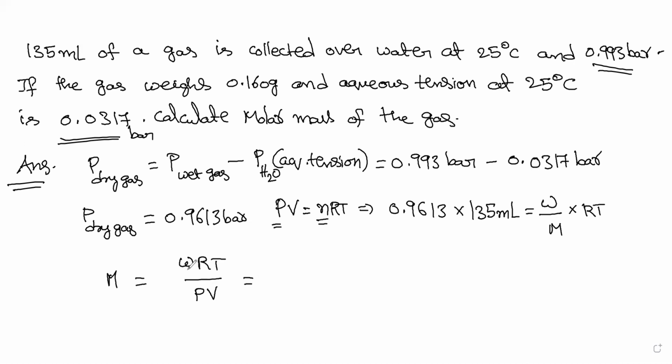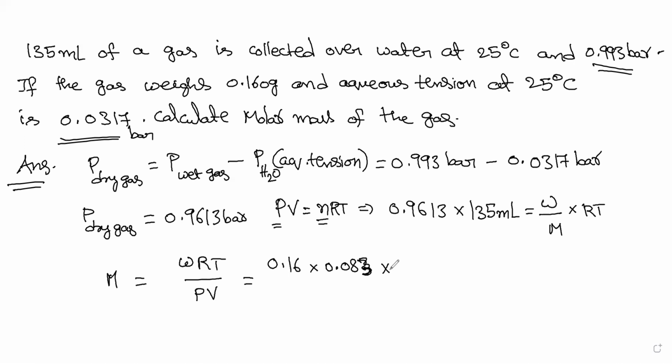So we'll substitute the values. What is the weight? 0.16. R is 0.083, since it's given in bar, we use 0.083 for bars.